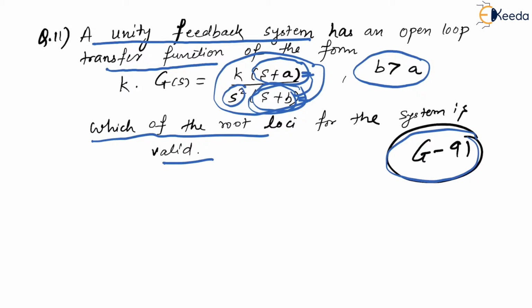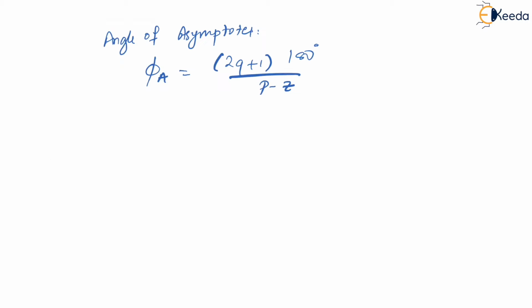You see you have got these 2 poles and this is one more pole. P minus z is nothing but equal to 3. So you get that p minus z is equal to 3. Now, what do you put here? You please put (2q plus 1) into 180 degrees upon 3.